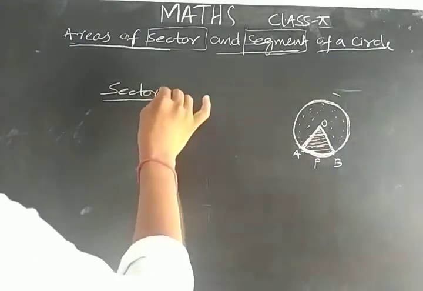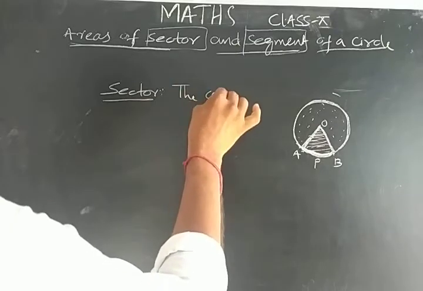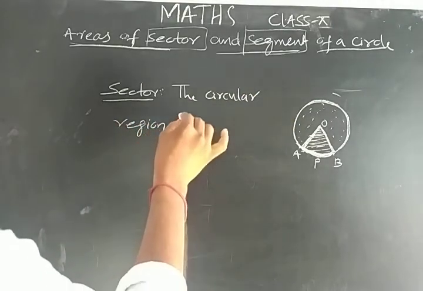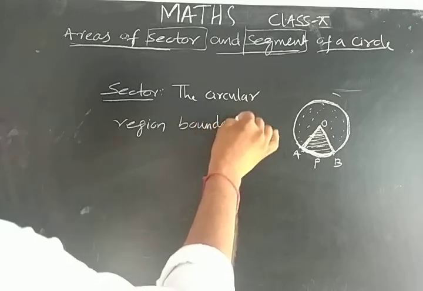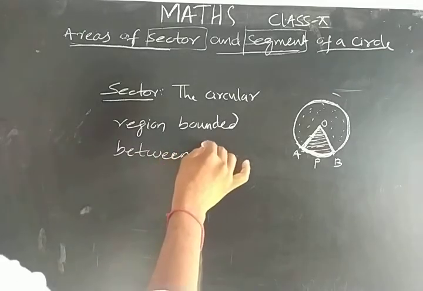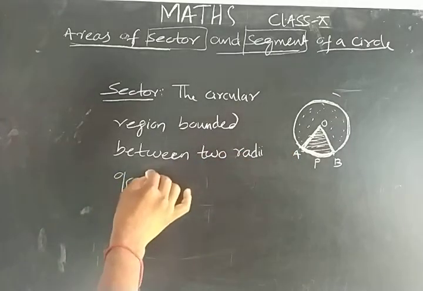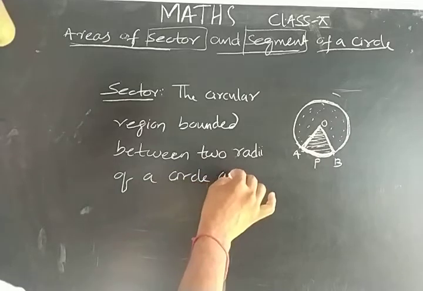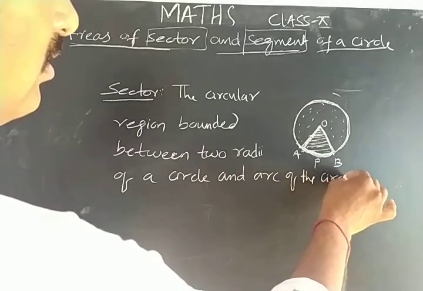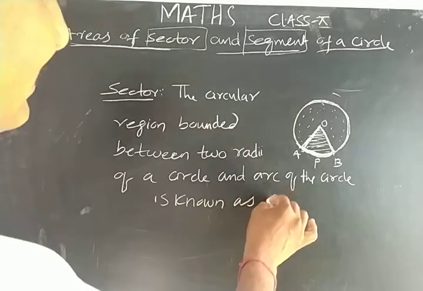Now sector definition. How to define? The circular region bounded between two radii of a circle and arc of the circle is known as a sector.